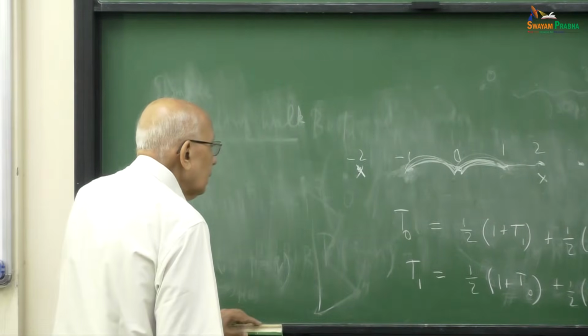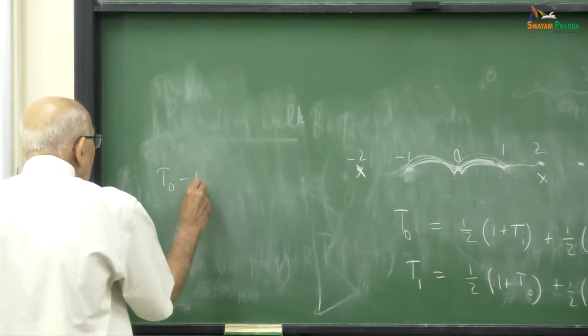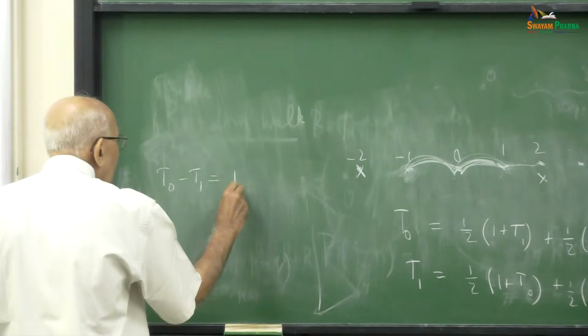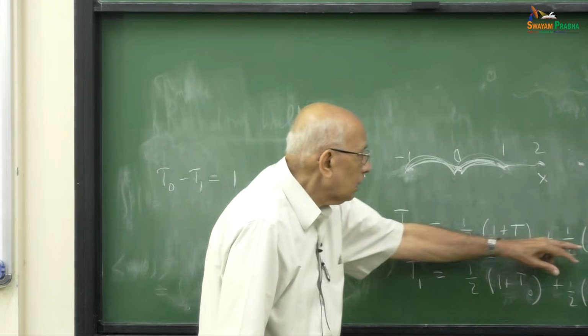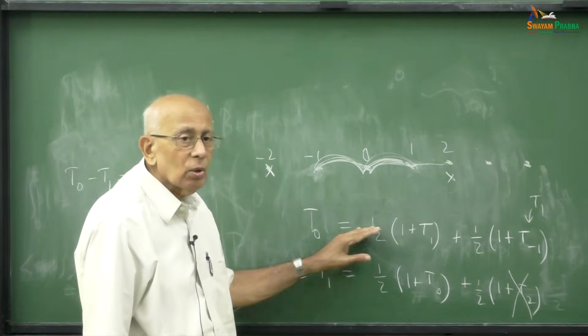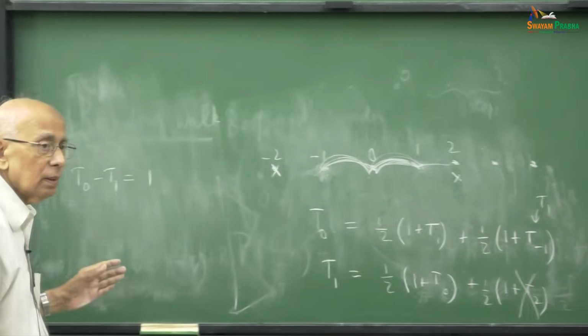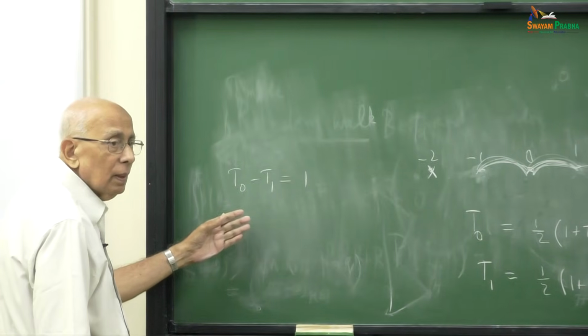What are these equations? Because this is t1, this is also t1, this whole thing becomes 1 plus t1. So t0 minus t1 is 1. And what's t1?